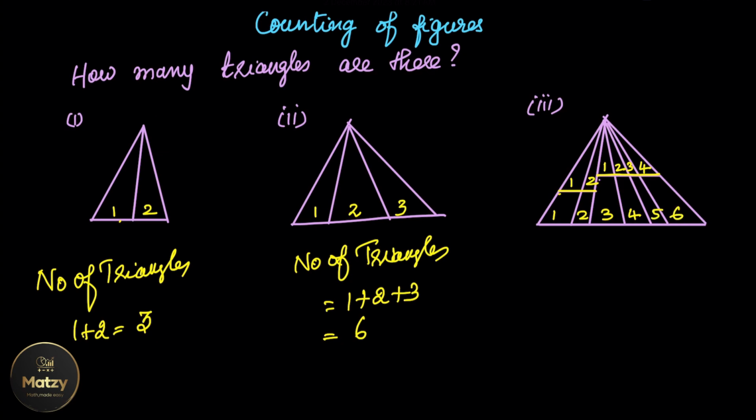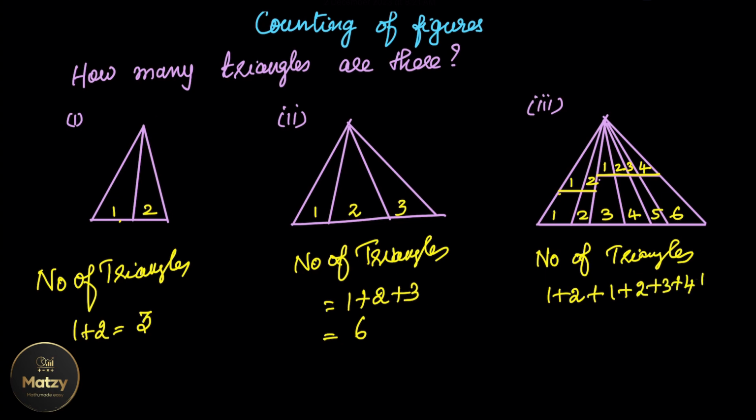Now you count the number of triangles. For the first straight line, 1 plus 2 bases are there. For the next straight line, 1 plus 2 plus 3 plus 4.